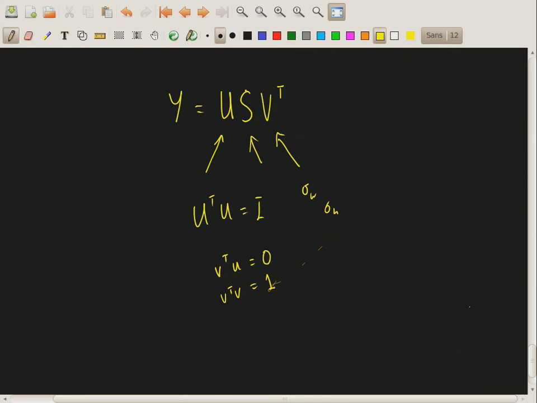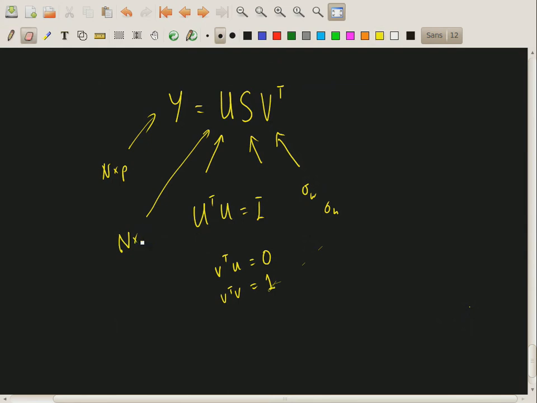So any matrix can always be represented exactly like that, where the dimensions of this will be... So if Y is n by P, then U is n by n. Now, let's get this right.